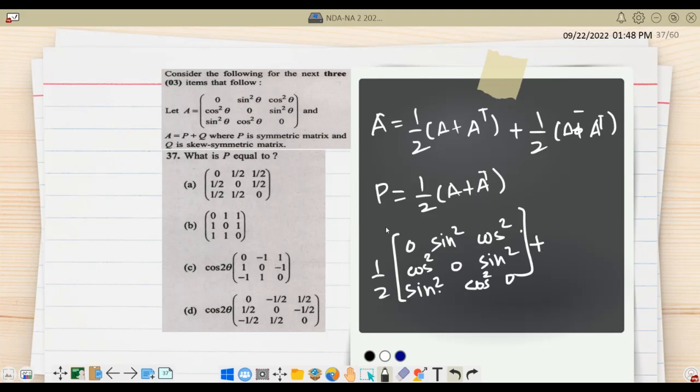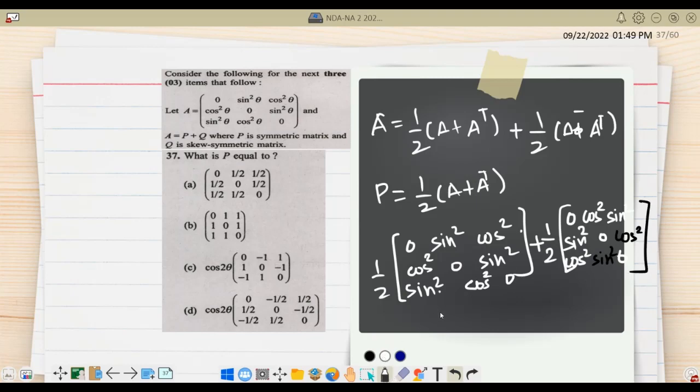And then we're going to add another half. Here we're going to have a cos square and then a sine square. Here a sine square and a cos square. There's going to be 0, 0. And here it's going to be again a cos square and then a sine square.